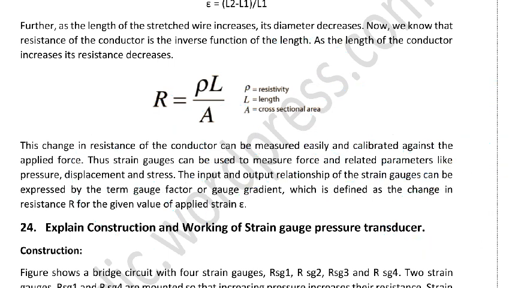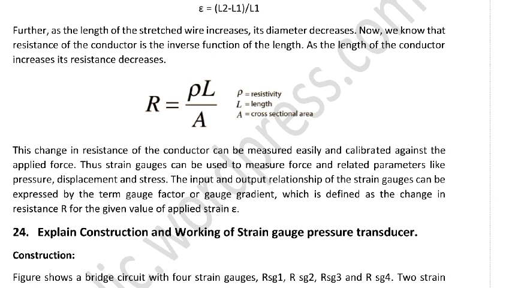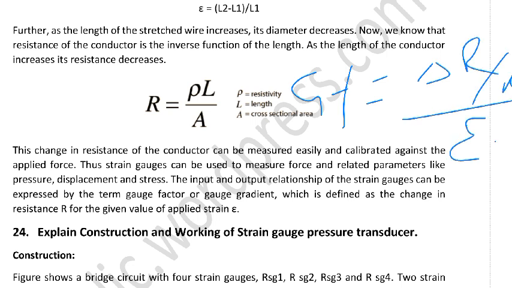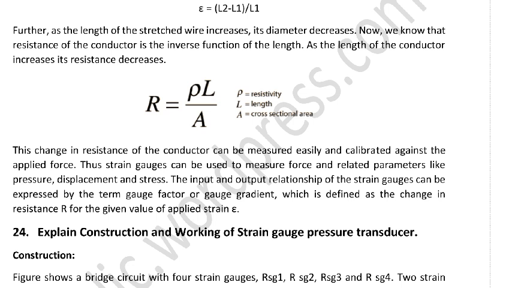We have already discussed in our transducer subject how the gauge factor is defined. Gauge factor is delta R divided by R, into epsilon (the strain). The strain gauge can be used to measure force and related parameters like pressure, displacement, and stress.